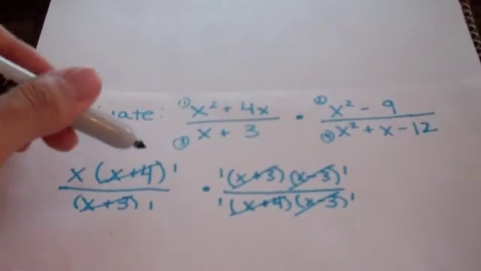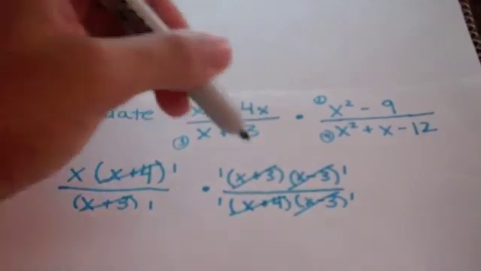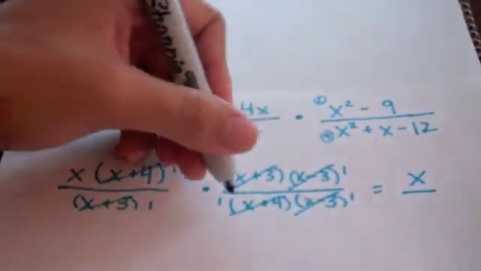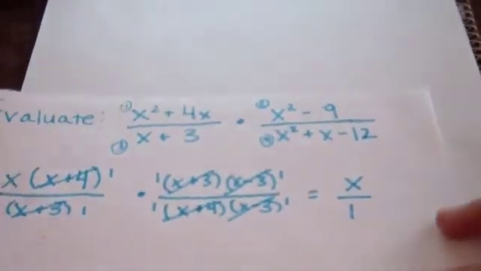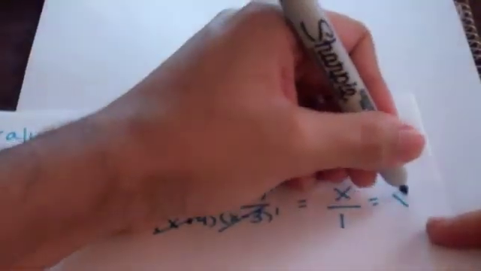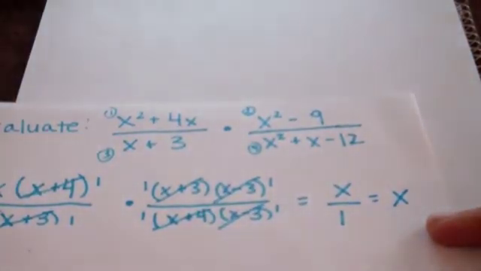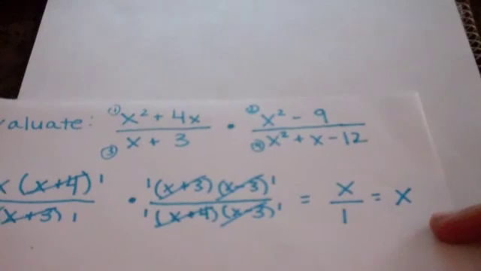So x times 1 is just going to be x, times 1 across here is just going to be x. And 1 times 1 is 1, times 1 is 1, x over 1. And we know that x over 1 is just equal to x. And so that's the solution for that problem. With these, just remember, you're trying to simplify, so factor first, then see what cancels, and you should be fine.